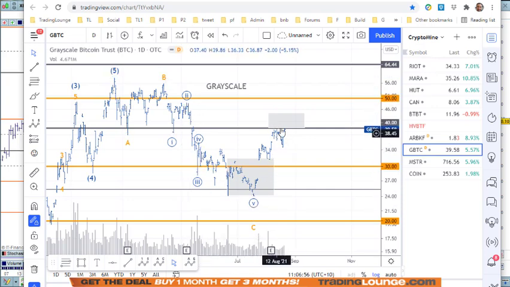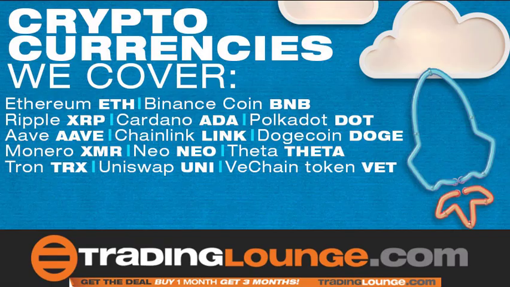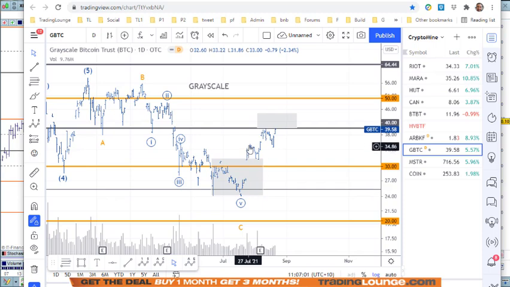Now, like I said, if it makes a new high here, which is pretty close, well, this is a little bit different here because this is 5 waves from that low here to this point here. All right, there's 5 waves in that move there. So this is a little bit different, but I'm just sort of focusing on this initial top over here.